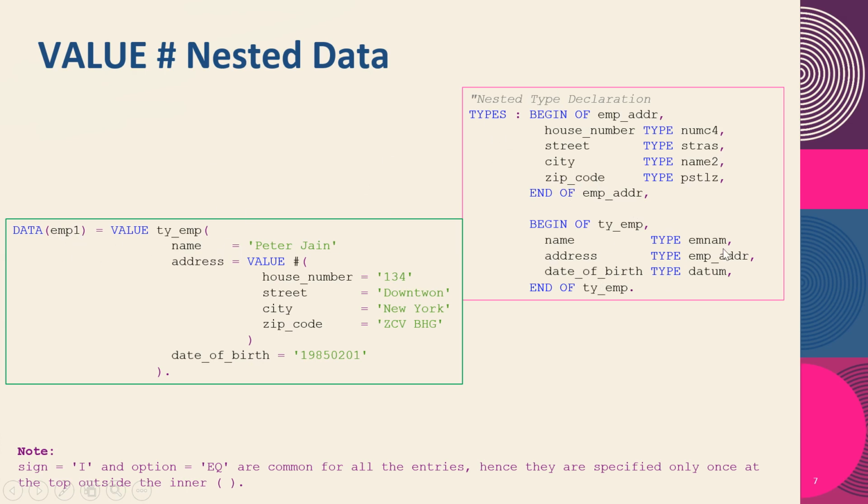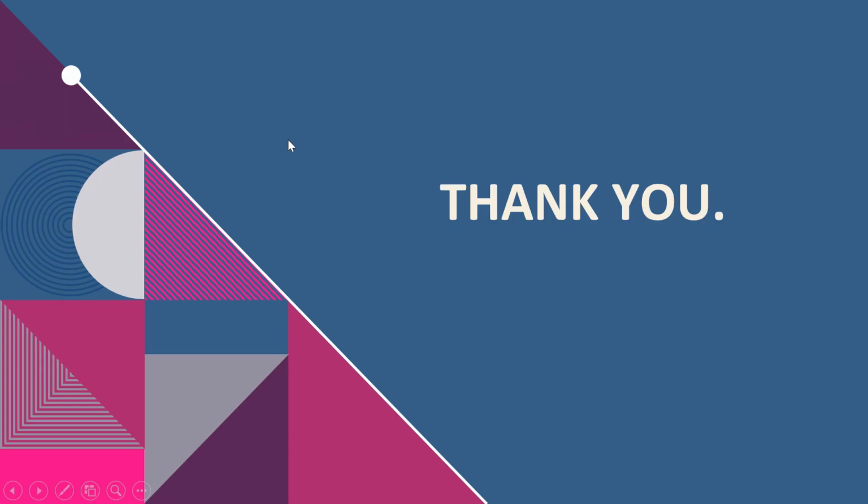When I create it, I assign the name, and address equals again VALUE of type emp address, and you specify each of the columns like house, street, city, zip code, assign the values, then date of birth. This is how you can use the VALUE operator to assign values to a nested structure.